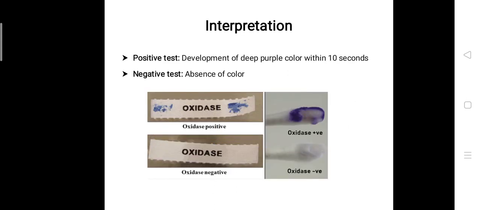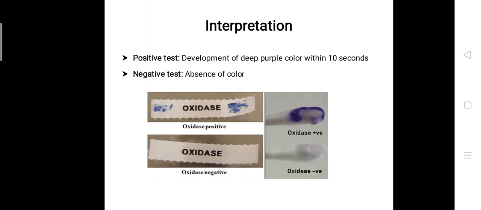Now let us see the interpretation. Here I have given a picture of both the commercially available oxidase disc and the filter paper dipped in freshly prepared TMPD. The interpretation of the result will be the same, although the procedure is different.